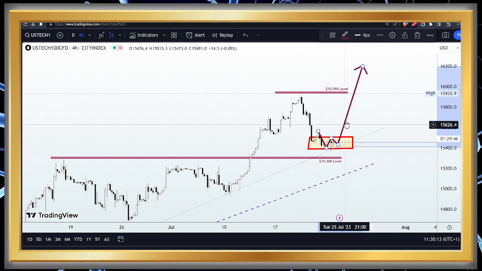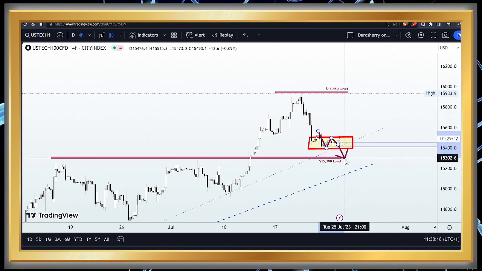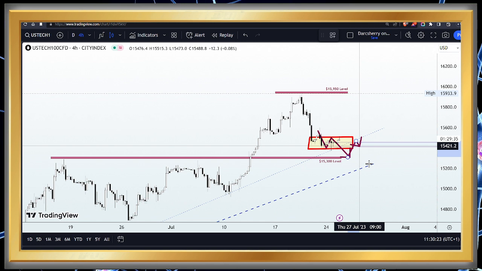And we also emphasized that this area could coincide with a breakdown of that ascending trend line, which could incite a sell-off in this particular market.